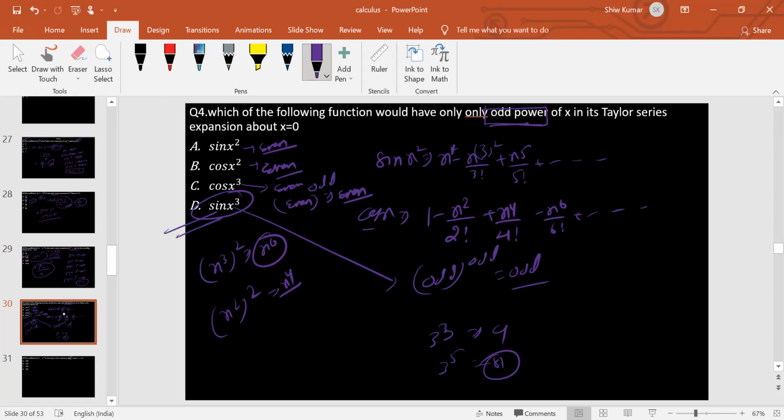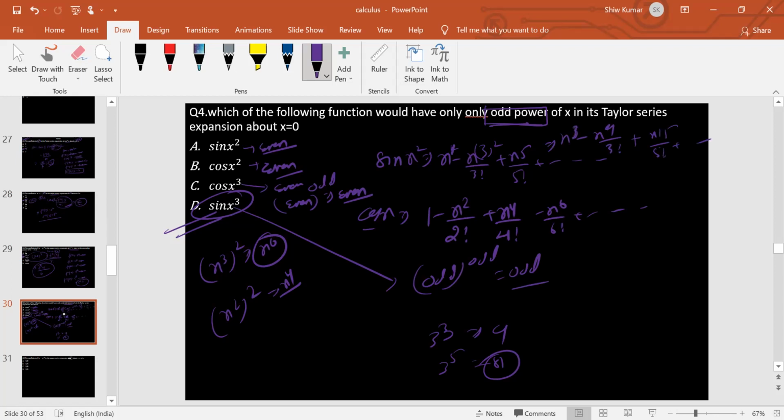That is, if you expand sin x cube here, you will get odd powers in the series. Sin x cube means wherever x is there, replace it by x cube. You will get x cube here, and x cube to power 3, that is x to power 9 divided by 3 factorial, and next x to power 15 by 5 factorial, and so on.